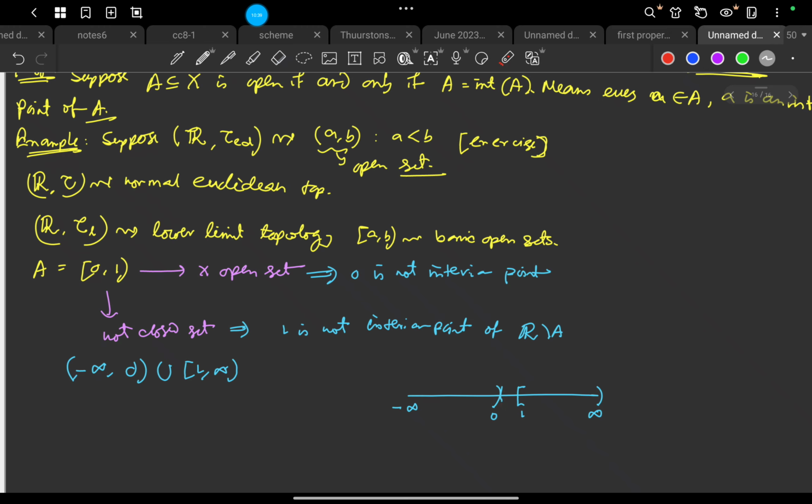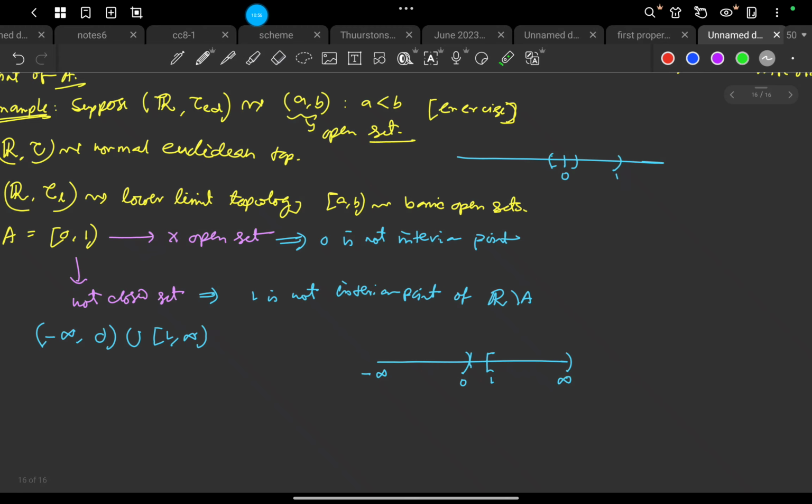Similarly here as well, if you consider any neighborhood around 0, a particular portion will be outside of the set. So that means in the normal Euclidean topology, this set is not open.